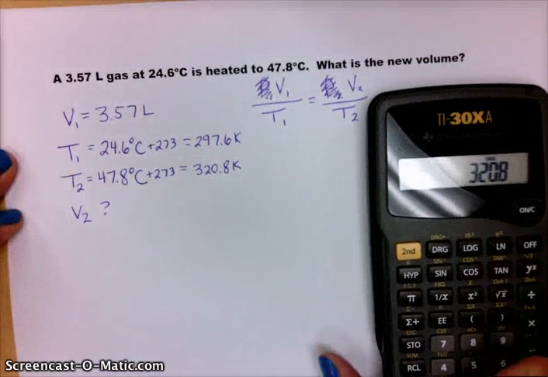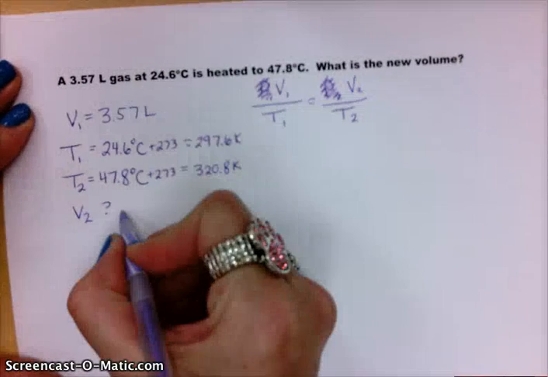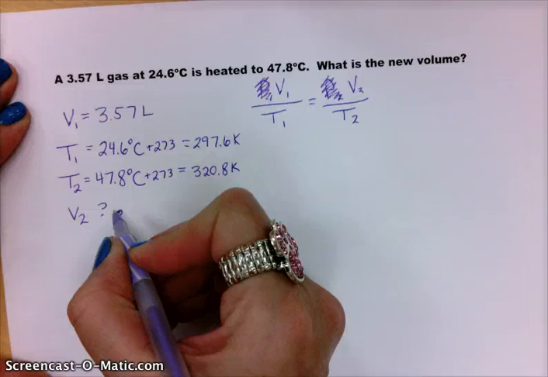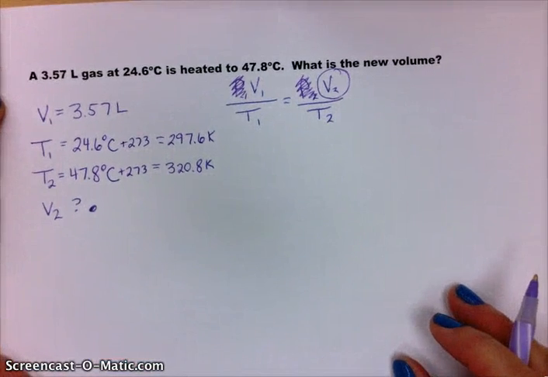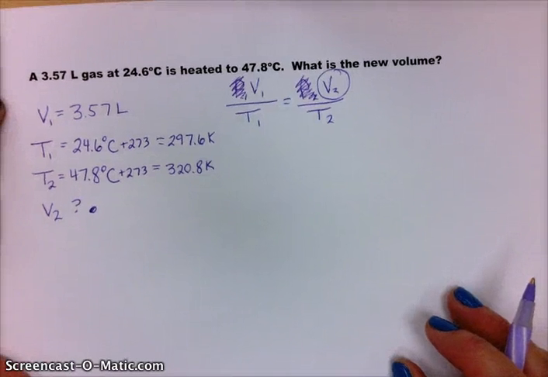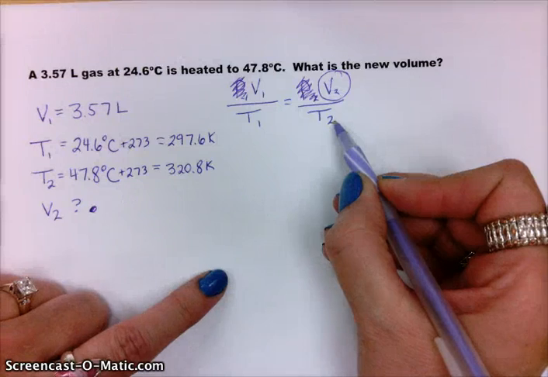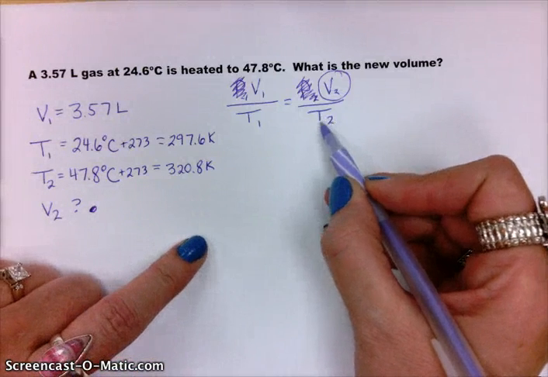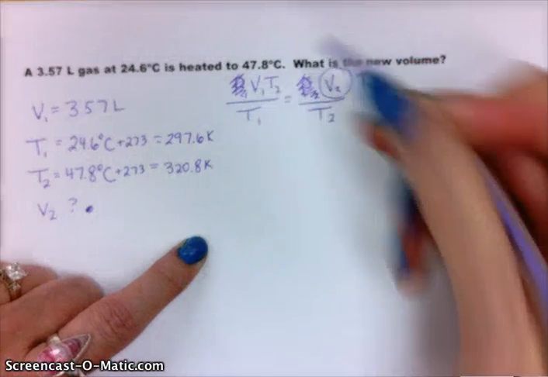Now I believe we're ready to plug in. So we are solving for V2, it's our unknown, and V2 is right here. To solve for V2, we need to get it isolated, meaning we need to have it by itself. So we need to get rid of the T2 that's underneath. To get rid of T2, we multiply both sides by T2.